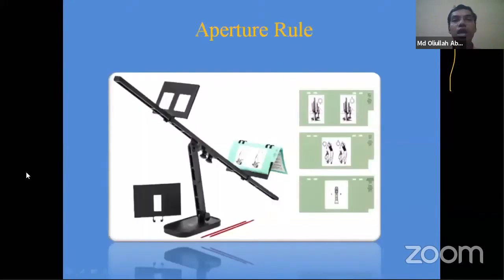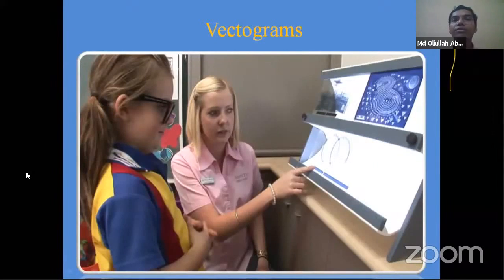So we have the aperture ruler, where you can again train on fusion, convergence and divergence. Then you have vectograms, which are again a very good tool for fusional divergence along with stereopsis development. Again, you see that Polaroid is being used to create the dichoptic environment.